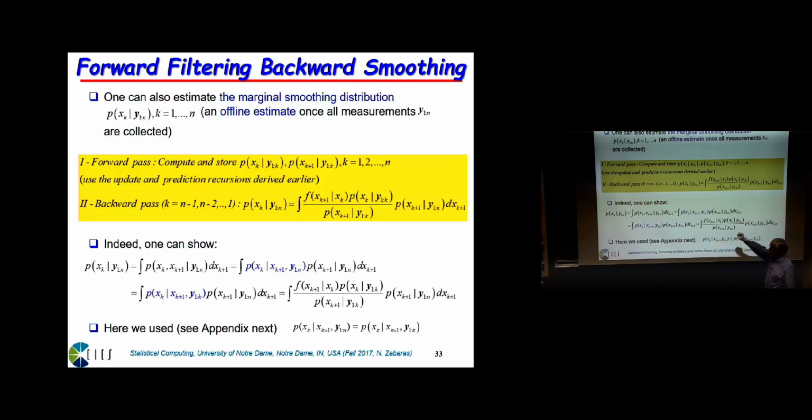Okay? So basically, to compute these smoothing probabilities, you have to run a forward calculation, save all these values, and then you do a backward calculation starting at time n, and use this update, and then go all the way to the first step.